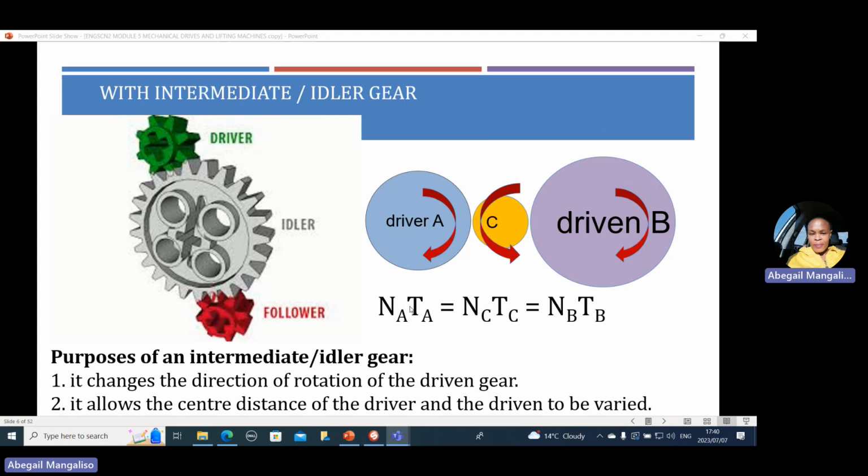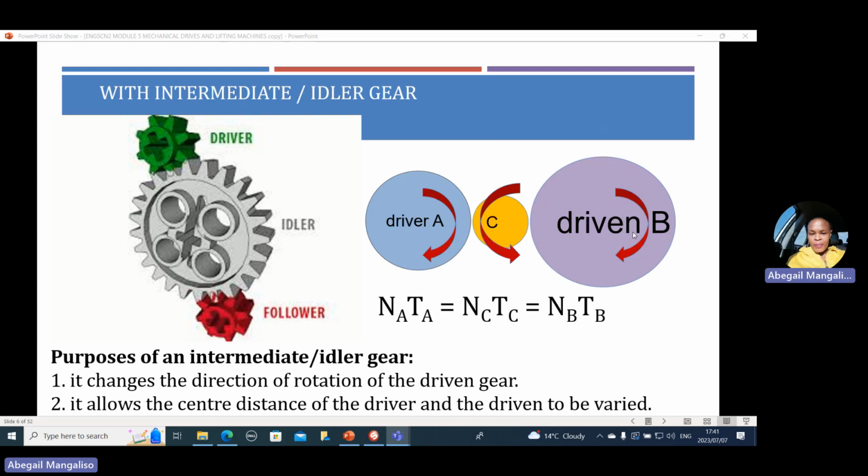So this velocity will be equal to this velocity. NB over TB is also the velocity of the driven gear, which will be equal to C. So when you do calculations, if you are looking for the number of teeth for C, you're going to equate A and C if A has the given. But if A has no given, there is also a relationship between C and B.